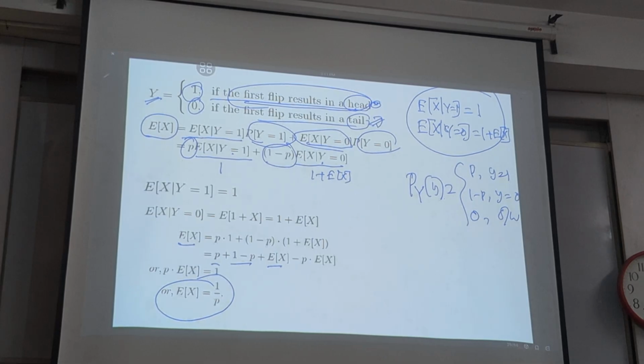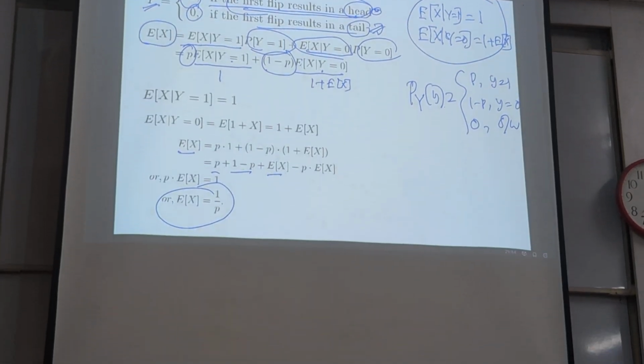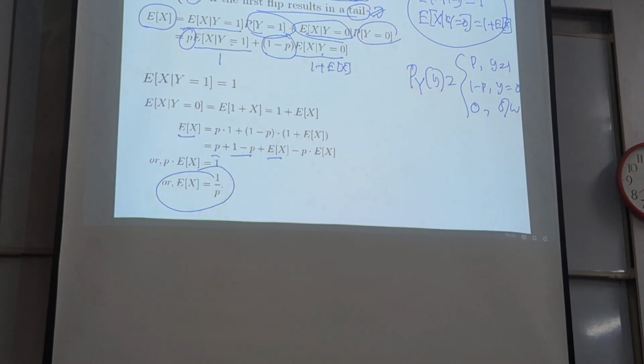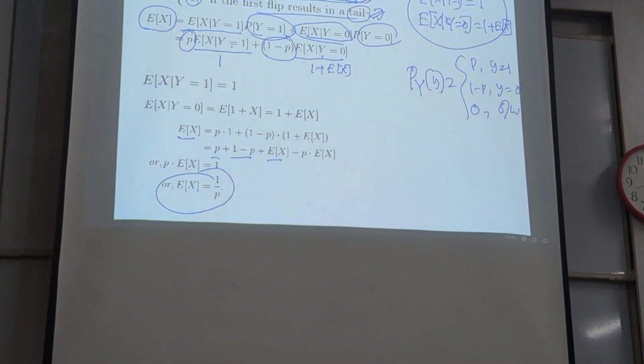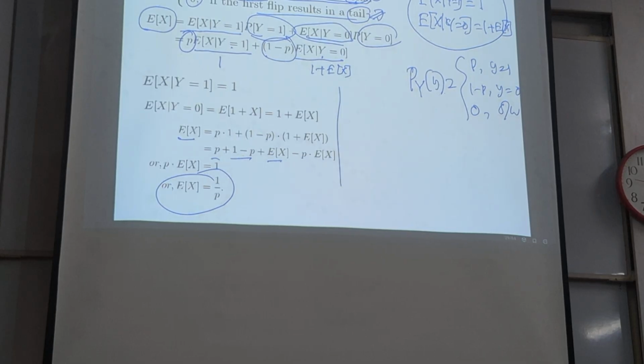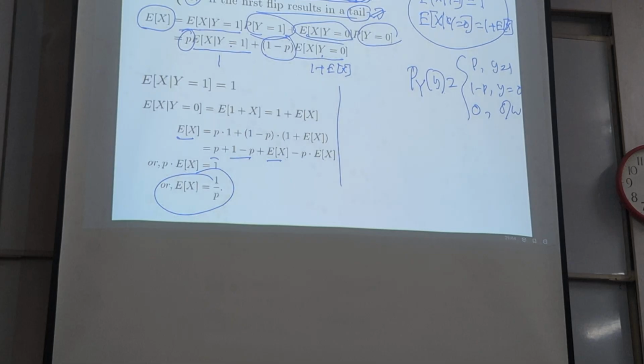This gives you two things. One is you can calculate the expected value by conditioning the expected value on another random variable. Really easy, just solving some simple equations. Second thing is that you do not need to know the probability model to calculate the expected value. That means you do not need the PMF or PDF. We are solving the expected value of X without knowing the PMF of X.